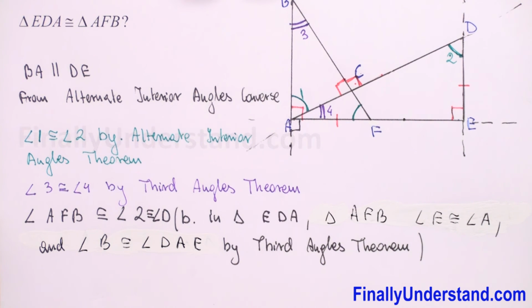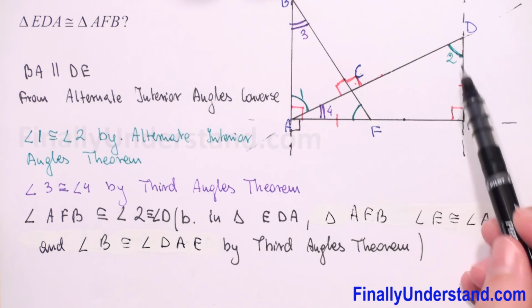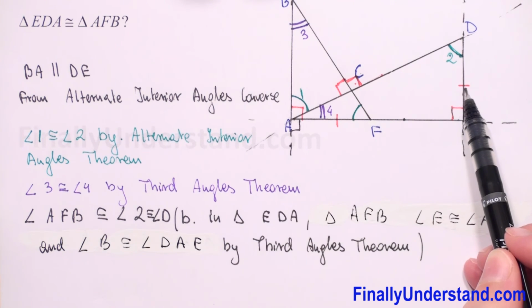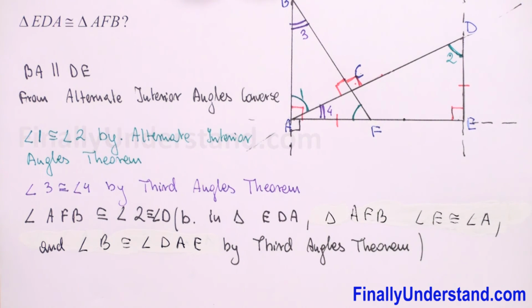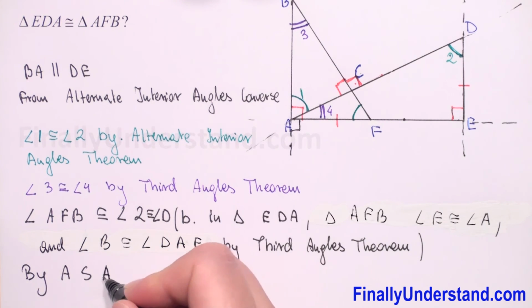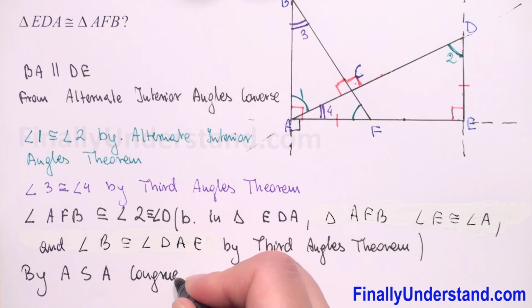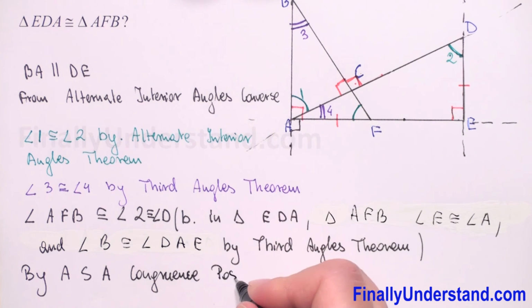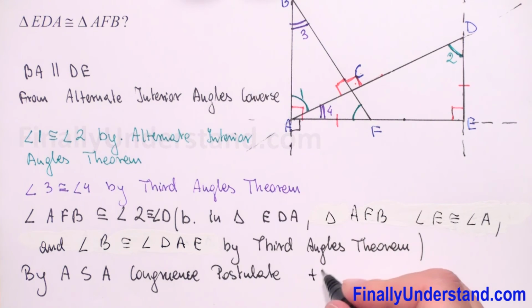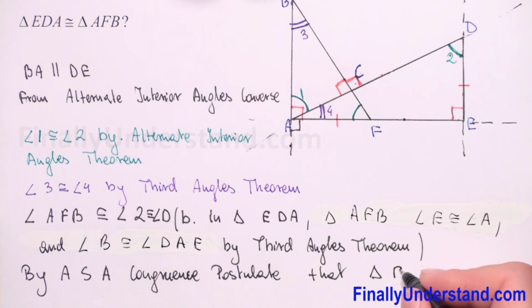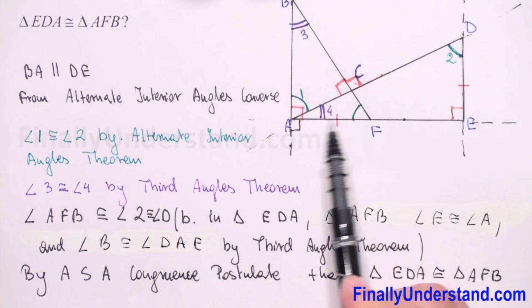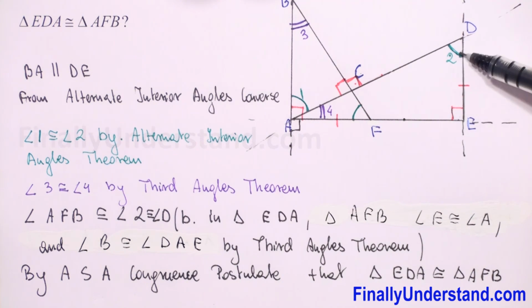So now if we have two angles and the side between these two angles congruent, so we have by angle, side, angle congruence postulate, that triangle EDA is congruent to triangle AFB, because we have these two angles congruent to those two angles, and the sides between these two angles are congruent.